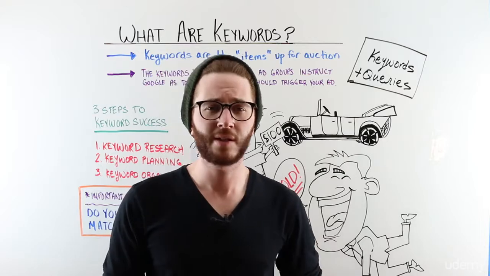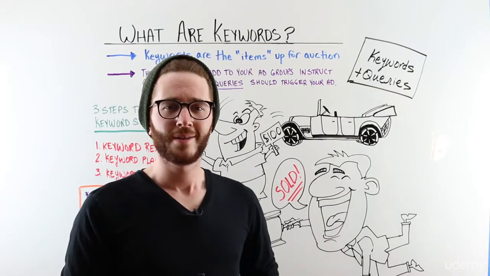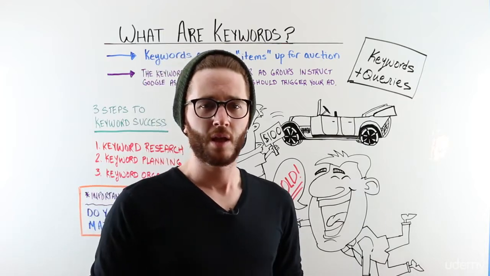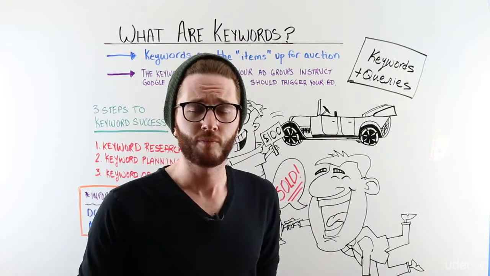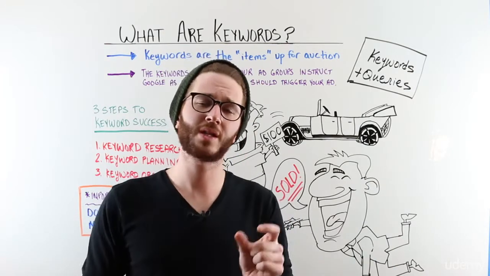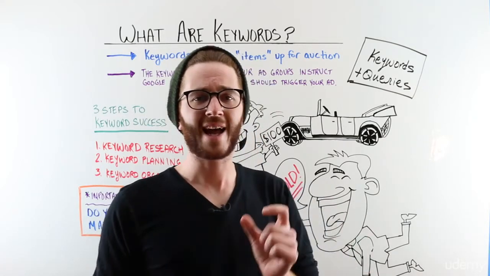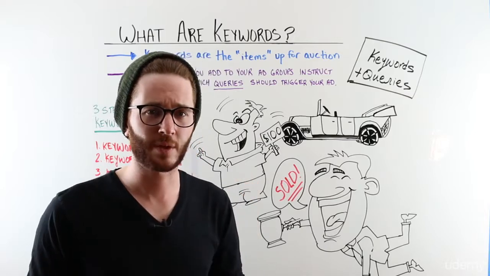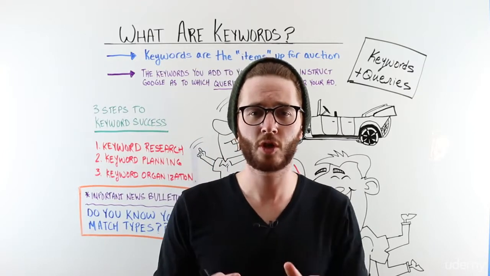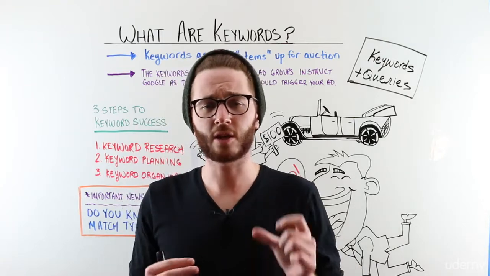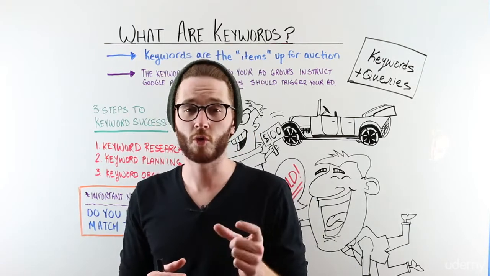And somebody comes to Google and they do a search for desk chairs with swivel legs, buy online. And all of a sudden our ad shows up, even though the query wasn't an exact match to our keyword. That's because of different types of match types. We're going to talk about match types in the next chapter, but just know there are variations, and keep in mind that the keyword doesn't always have to match up to the actual query.